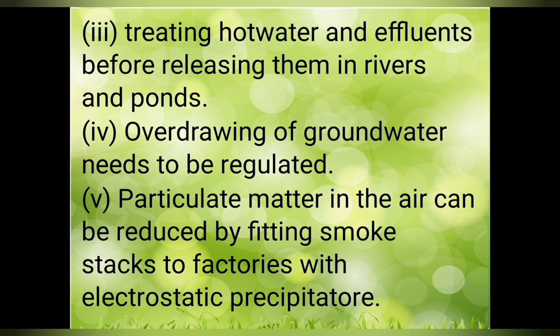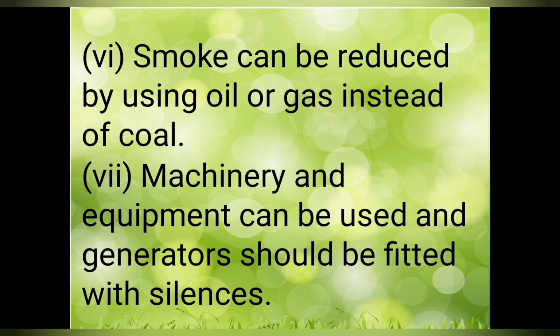Next, particulate matter in the air can be reduced by fitting smokestacks to factories with electrostatic precipitators. This must be used in the industrial centers. Smoke can be reduced by using oil or gas instead of coal.